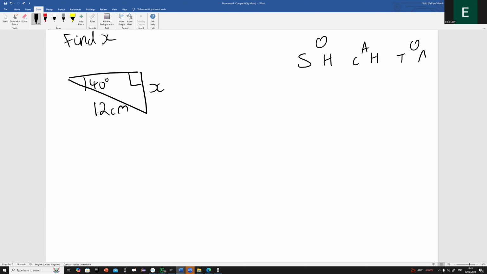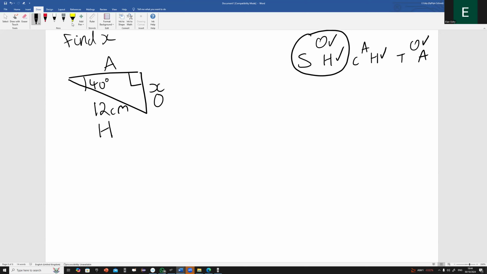Hypotenuse is 12, and the opposite is x, and then the adjacent is just there. So we have the hypotenuse and we want the opposite. Which formula am I going to use? Sine, brilliant.